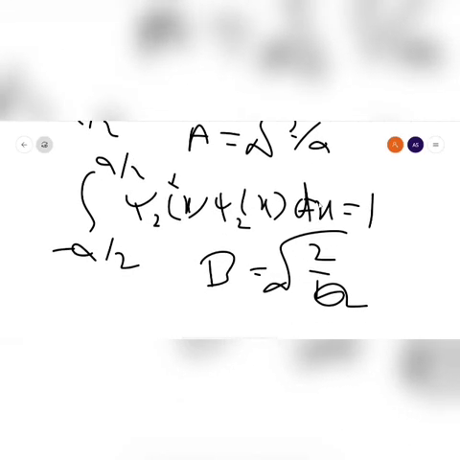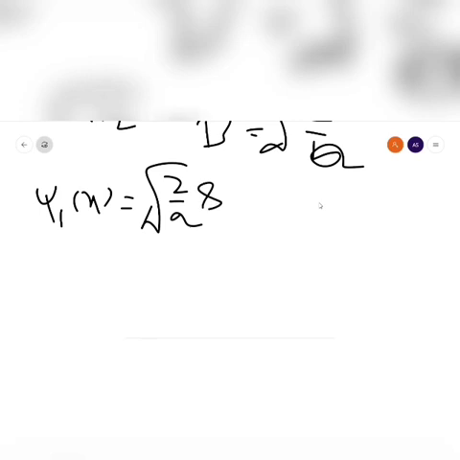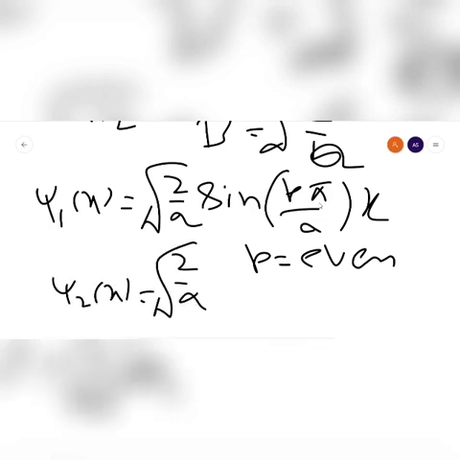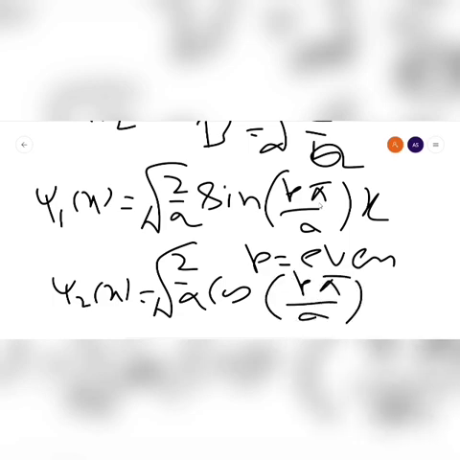When you know the values of A and B, you can write the complete wave solution: psi1 of x is equal to under root 2 by a sin p pi by a into x when p is even, and psi2 of x is equal to under root 2 by a cos p pi by a into x when p is odd.